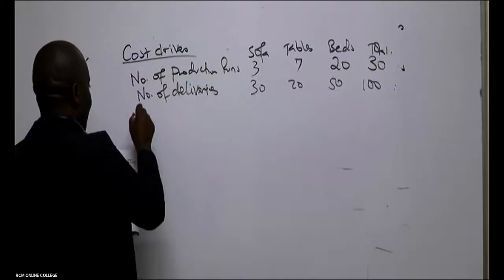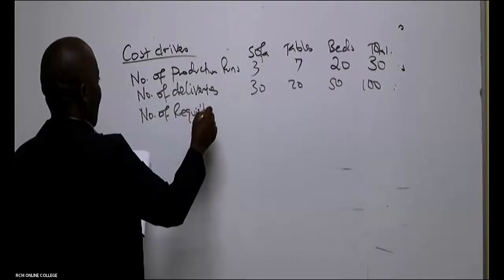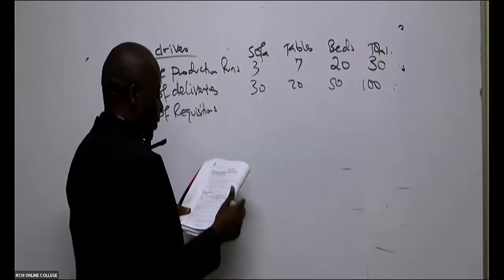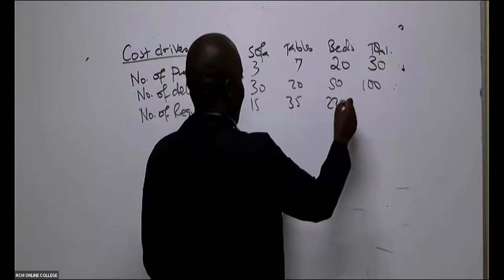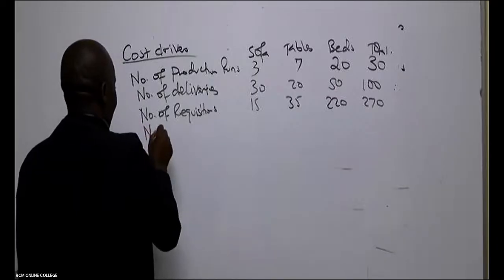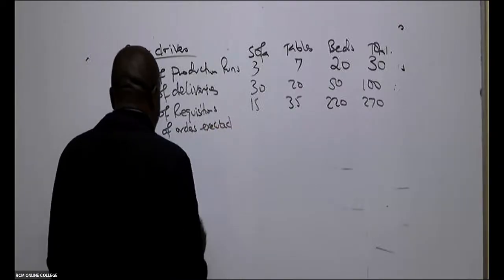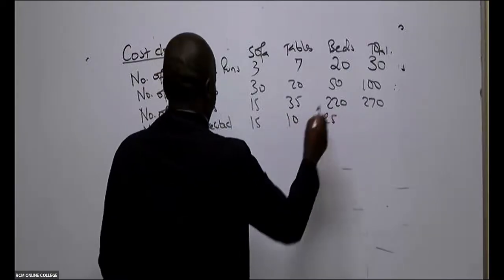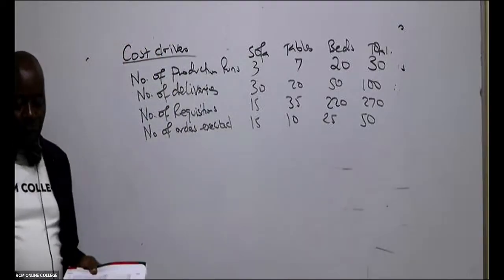Then we have number of requisitions: 15, 35, 20, giving us 270. Then we have number of orders executed. I have to understand this: 15, 10, 25, giving us 15. Let me know once you are able to copy up to there.